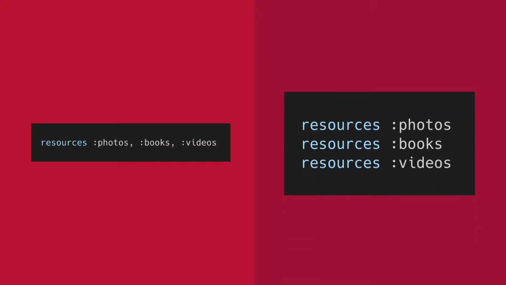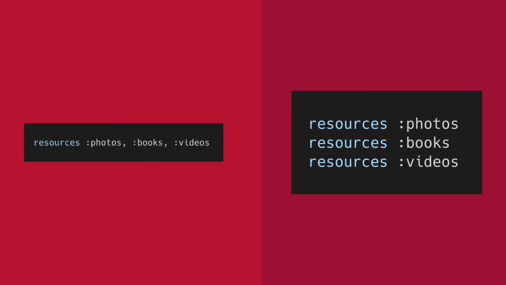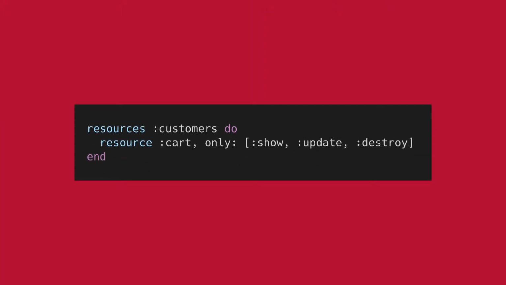You can declare multiple resources at once. This code is the same as this. This example shows the use of the singular resource versus the plural resources. This implies that there's no need to identify the cart resource with an ID because there's only ever one cart resource.